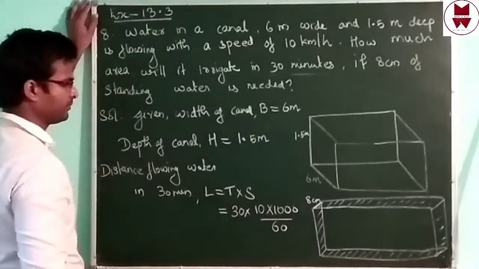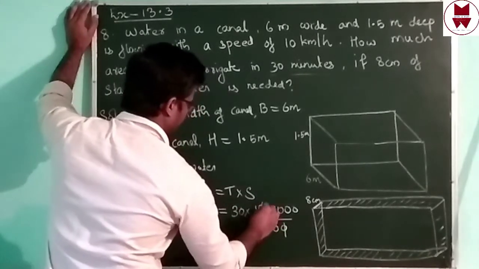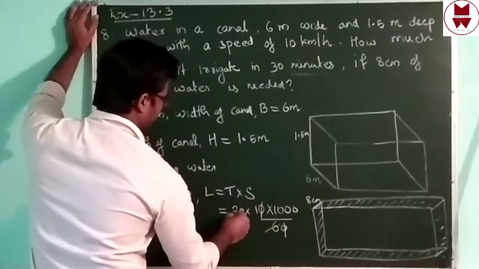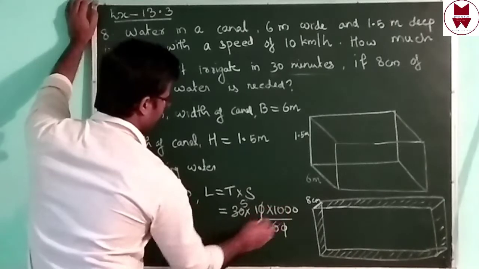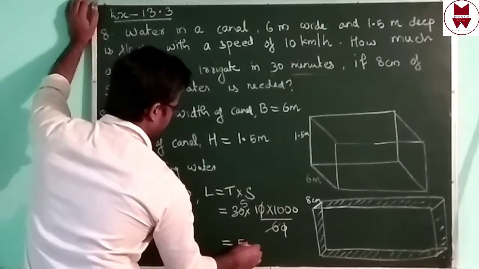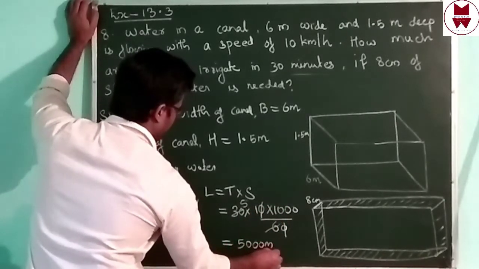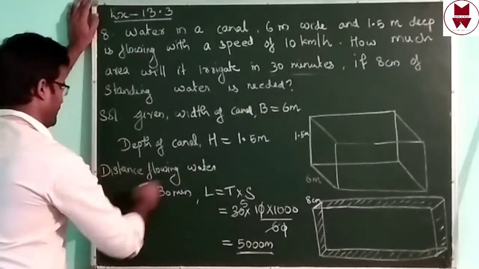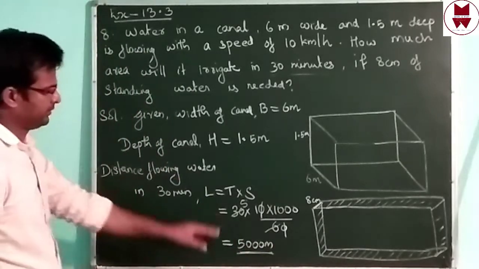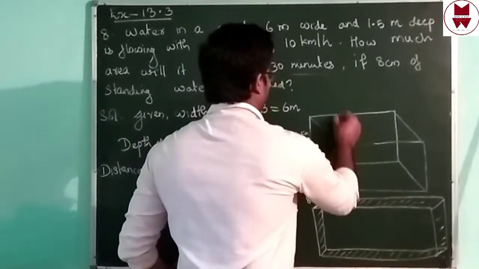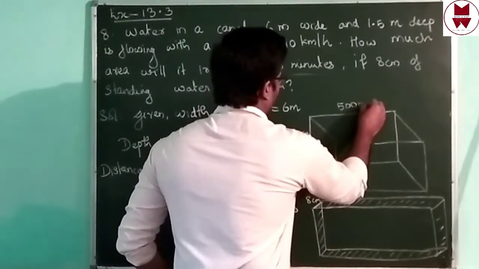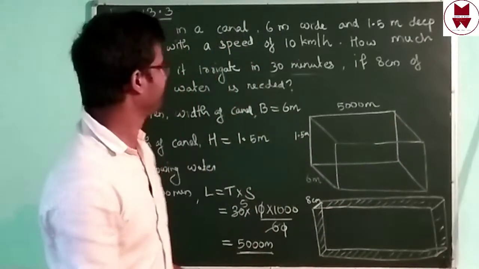Then zeros cancel, 6 and 30 cancel, 5 times 1000, you will get 5000. That means distance flowing water in 30 minutes is 5000 meter. We can consider 5000 meter as the length of this canal.